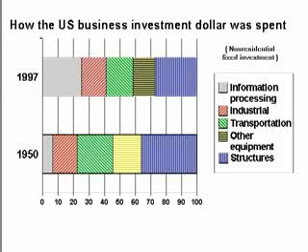We show how the capital investment dollar was divided for various types of business equipment, looking at information processing equipment, industrial equipment, transportation equipment, structures, which is to say buildings, as well as other types of equipment.